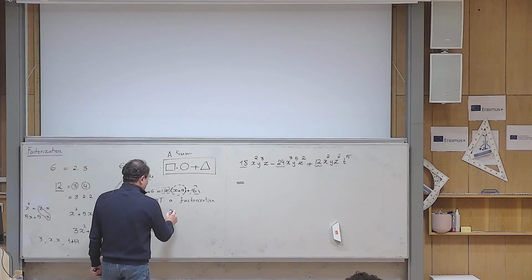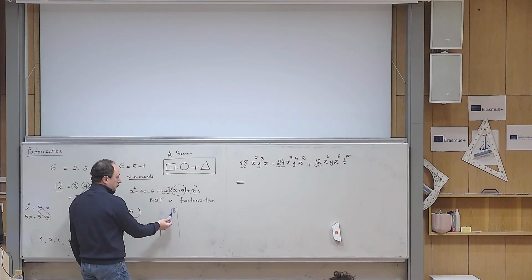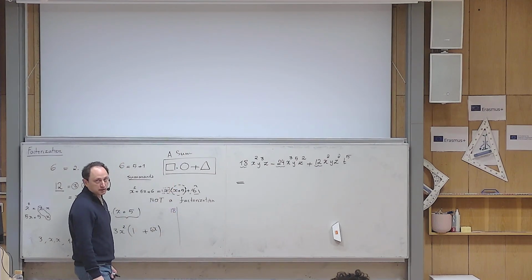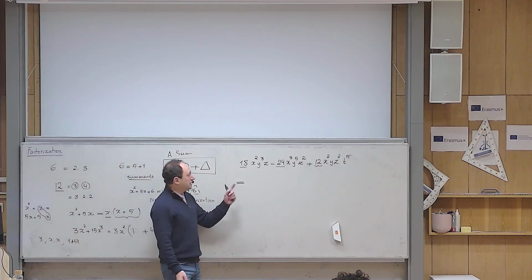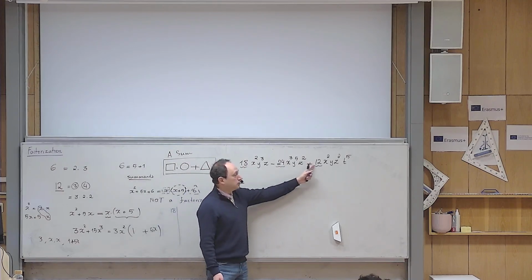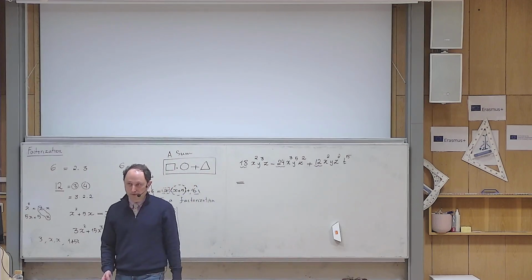Before doing that, can you guess that number? 6. 6 is the biggest one, yes? I want you to think about a number so that 18, 24, and 12 are divisible by that number, and that number is the biggest possible one.